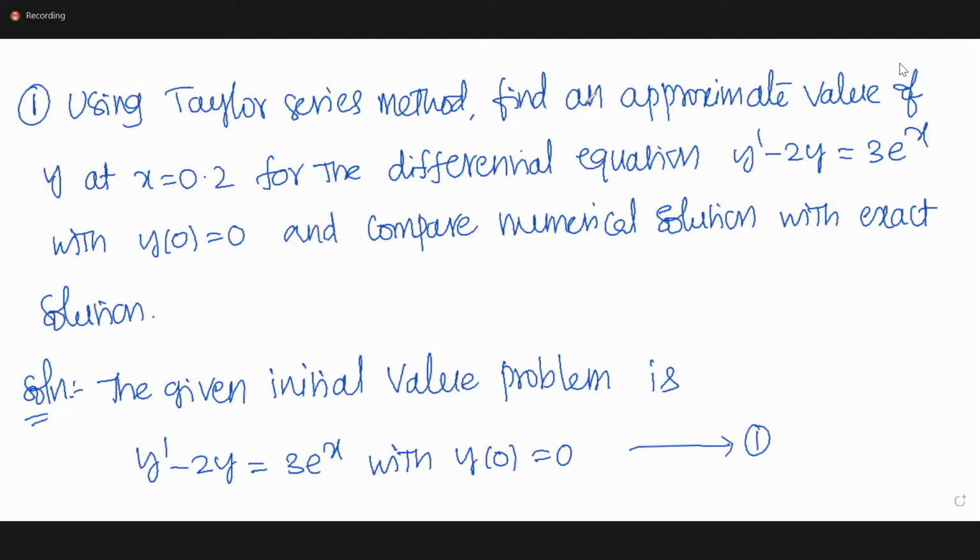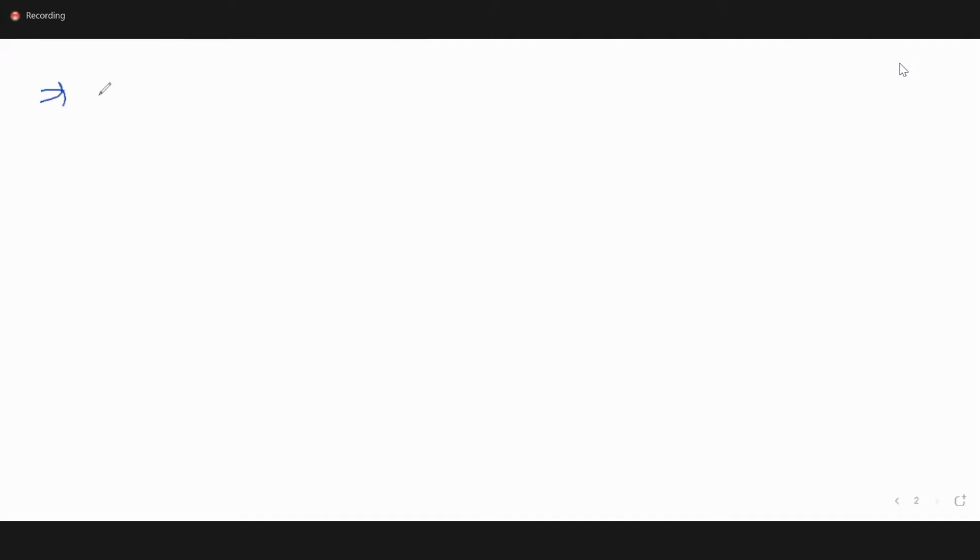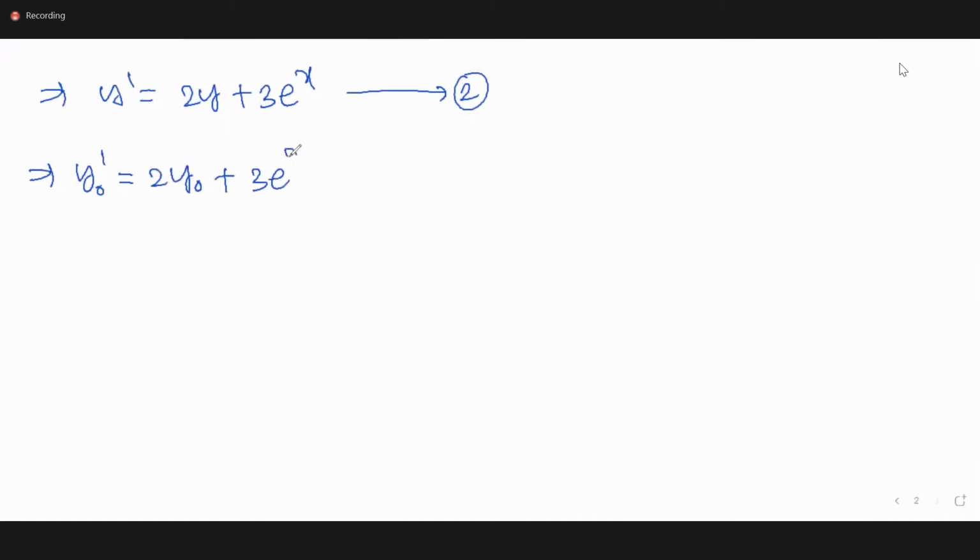That implies y dash is equal to 2y plus 3 e power x. That implies y naught dash is equal to 2y naught plus 3 e power x naught.